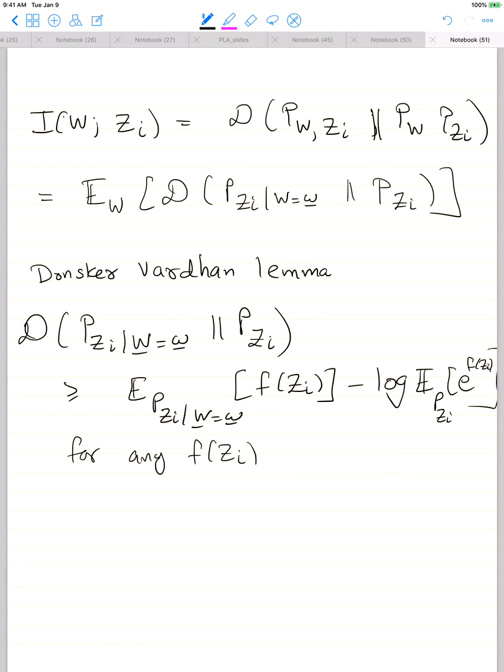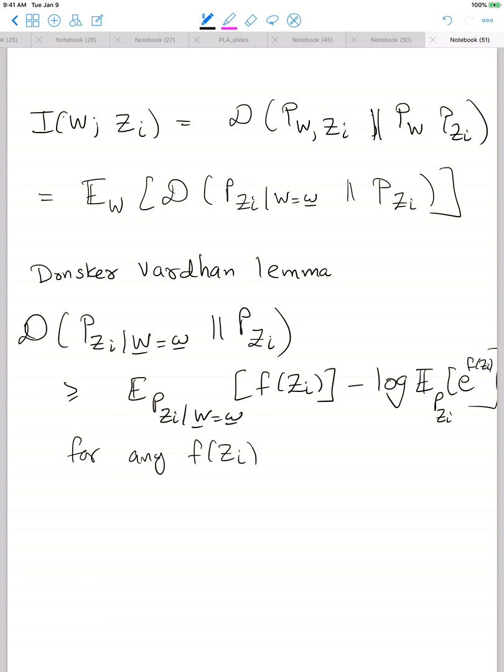So again, f of Zi is the random variable of interest. We are computing the relative entropy between this distribution of Zi and this distribution of Zi, so our function is dependent on Zi. So for any function f of Zi, this lower bound holds: the relative entropy between these two terms is greater than the expected value of f of Zi with respect to P of Zi given W, minus log of the expectation over P of Zi of e to the f of Zi.